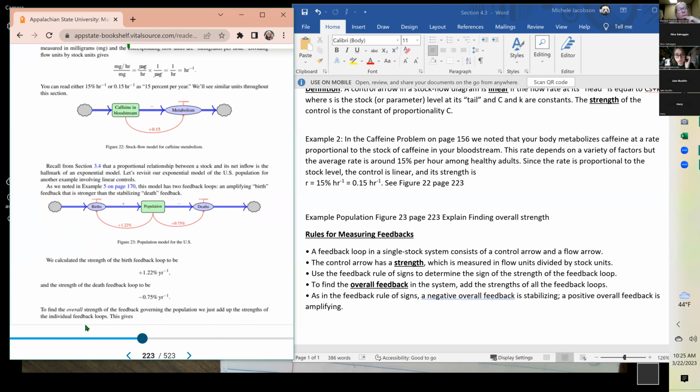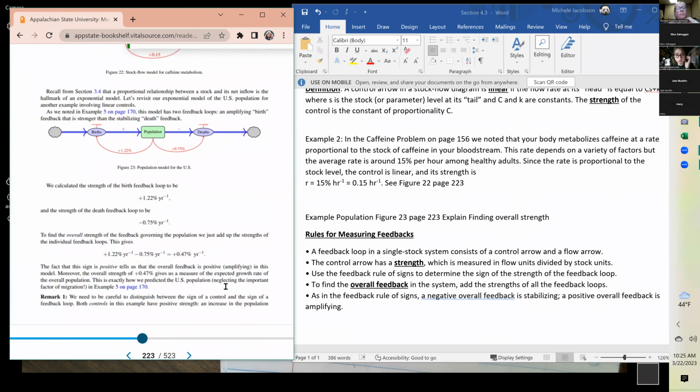So if we find the overall strength, we combine these. This was a positive because a positive times a positive is a positive. This one's a negative times a positive, and that's why we're subtracting. So since your answer is positive, it's telling you the combined amount is amplifying.